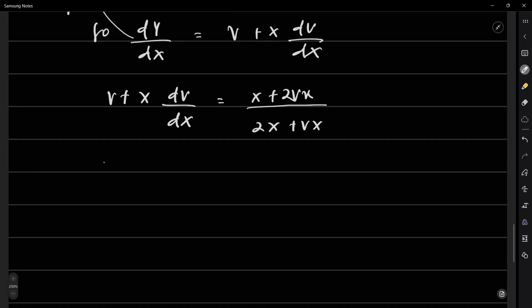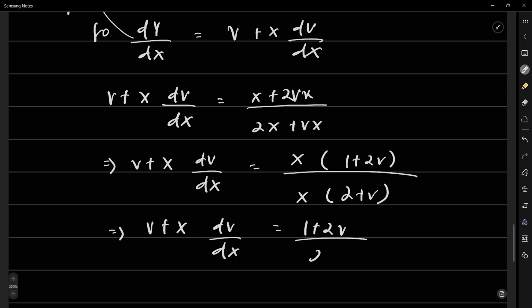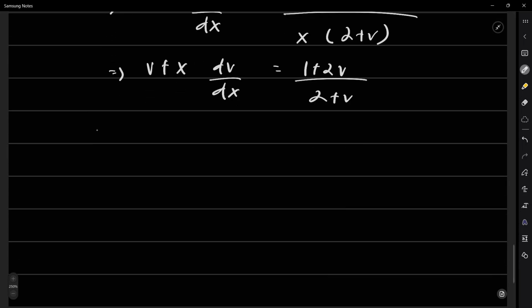So this can be written as, taking x as common, 1 plus 2v over 2 plus v. So this v can be subtracted from this.